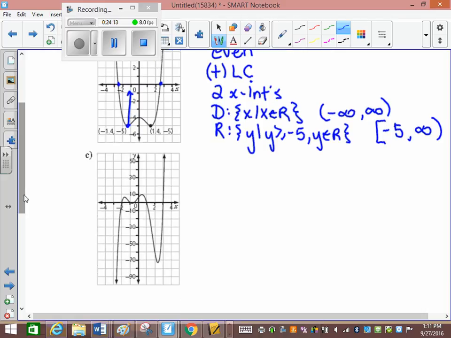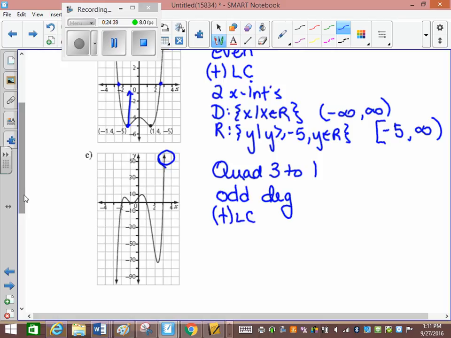This one's quadrant 3 to quadrant 1. It's an odd degree. Specifically, let's take degree 5. The arrows are in opposite directions, right? Positive leading coefficient ends up on the right. X-intercepts: 1, 2, 3, 4, 5.